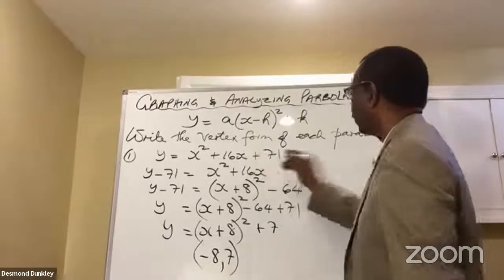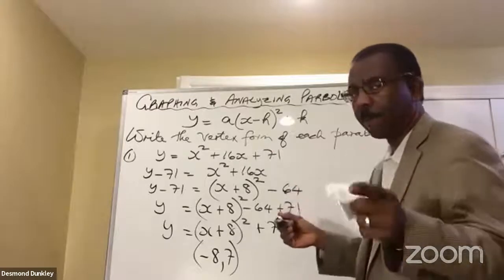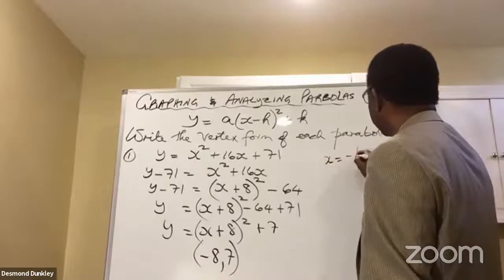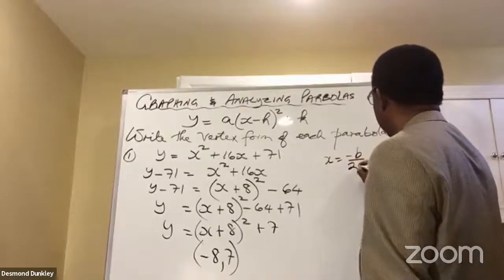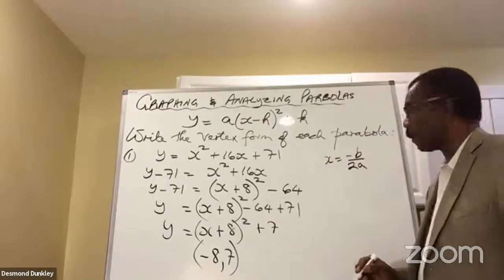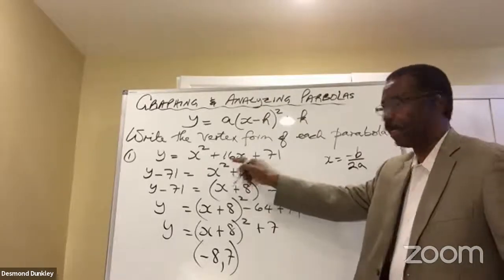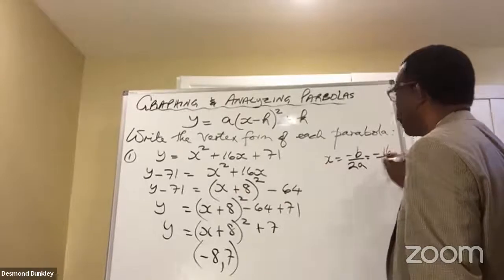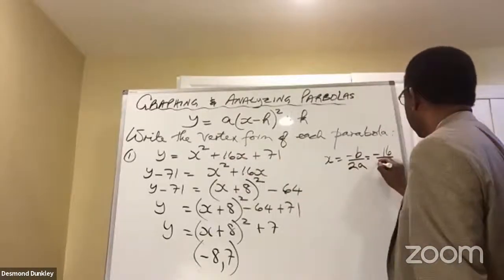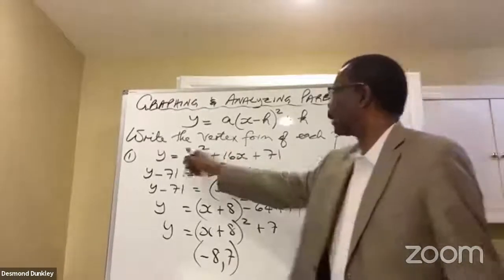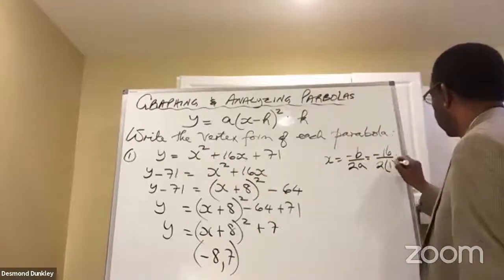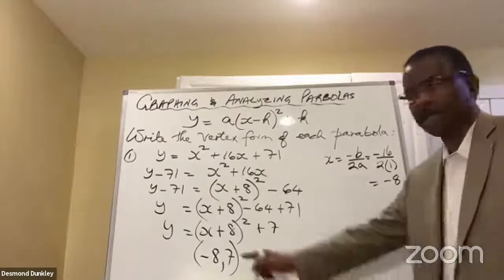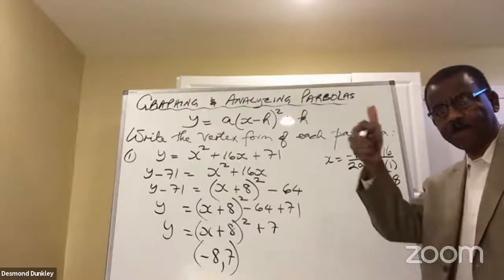According to the formula that we learned, at the vertex, x is equal to minus b over 2a. So b is 16, so it has to be minus 16 over 2 times a. What is a? A is 1. Do you see that that's equal to negative 8? So far, so good?